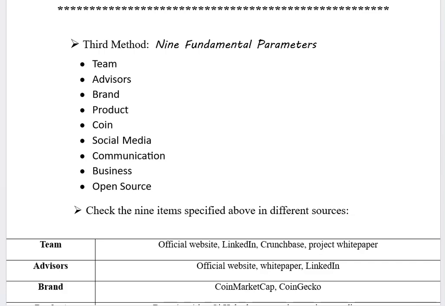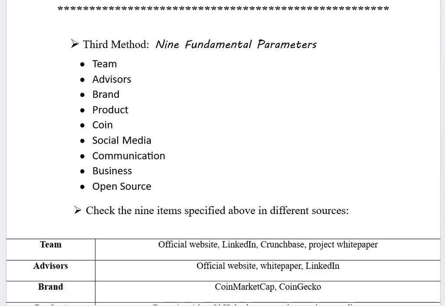The other parameter, communication, relates to whether the team members of this cryptocurrency are ready to engage in online debates about their project and whether they have provided an email or at least a phone number for people to contact the team members.